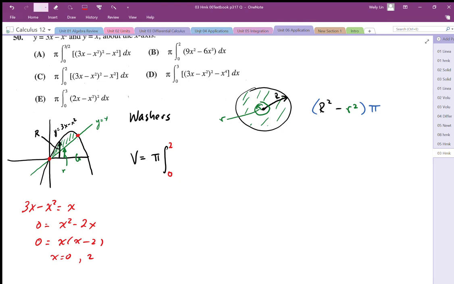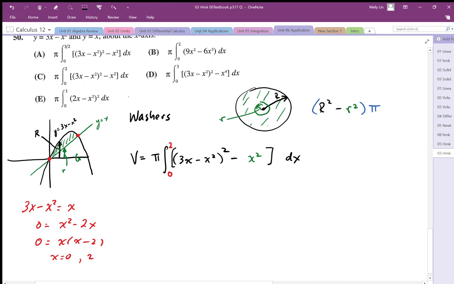My washer slices are going to have the outside radius, which is 3x minus x squared, minus the inside radius squared, which ends up being x squared, and then I'm going to multiply that by a thickness of dx.